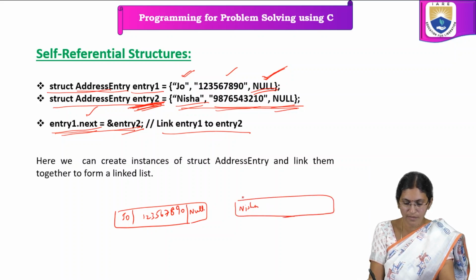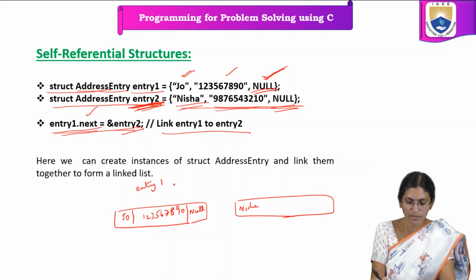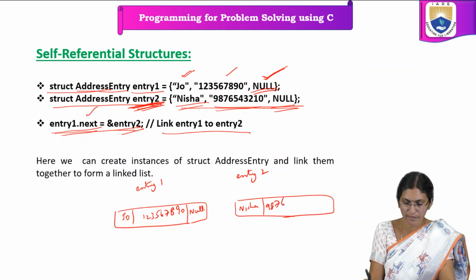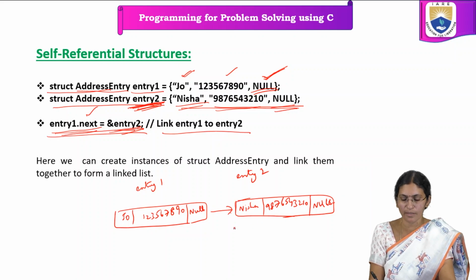Then this is the entry 1 variable and this is the entry 2 variable, with its phone number 9876543210, and this is also null. With the statement entry 1 dot next is equal to ampersand entry 2, we are storing the address of entry 2. Entry 2 is another structure type variable, so it will have some starting address.